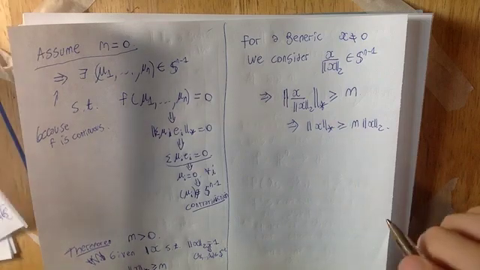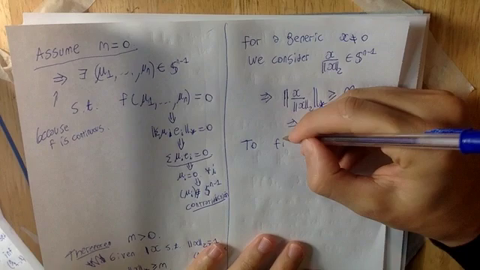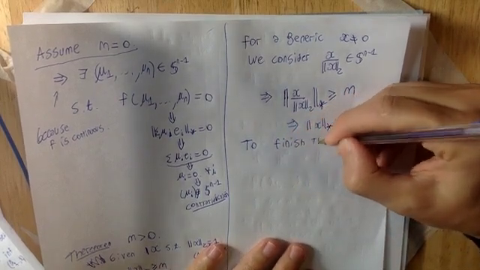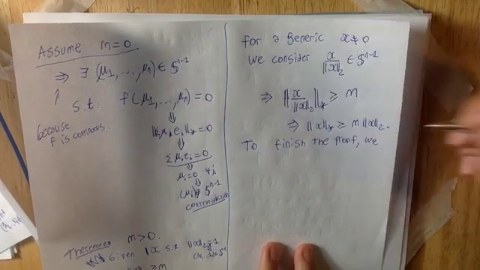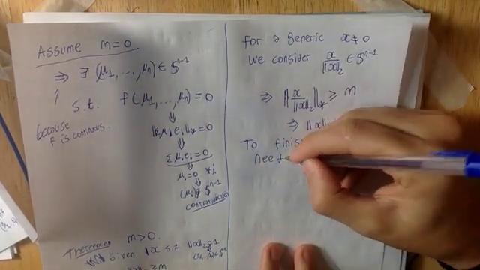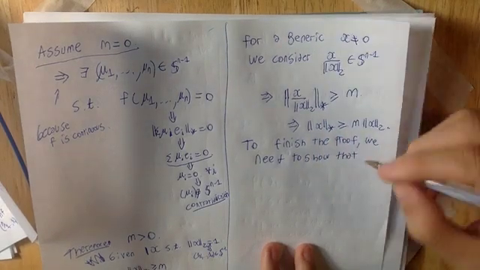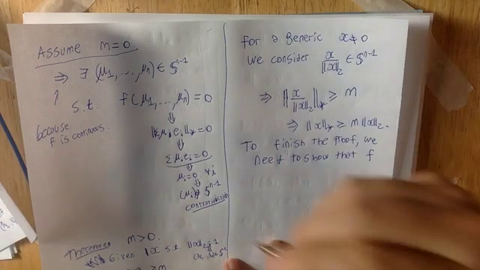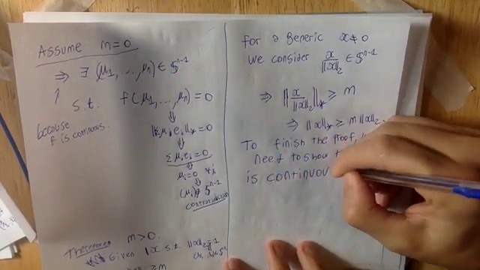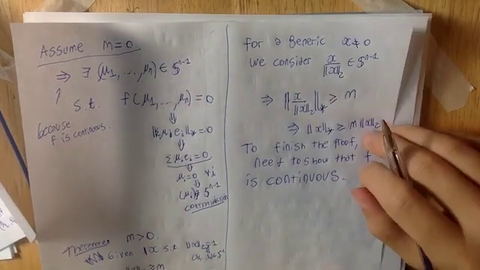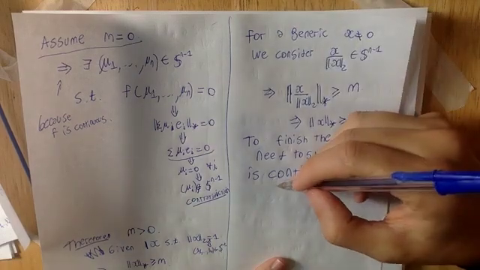Now, what we are missing to finish the proof is that we need to show that f is continuous. We'll show a bit more: we'll even show that it's Lipschitz continuous.